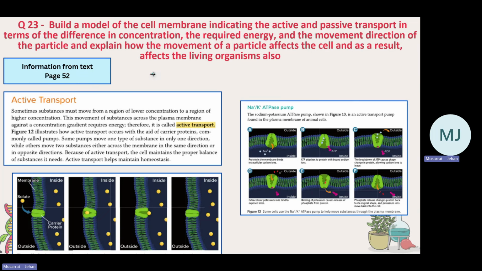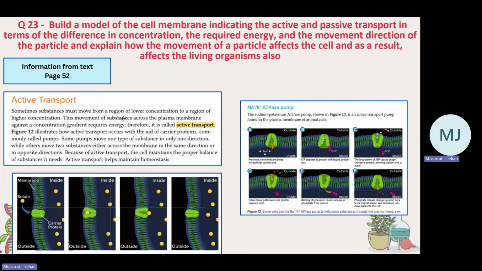Now we already studied that passive transport is when no extra energy is needed for the transport of substances. But sometimes substances must move from a region of low to high concentration, that is against the concentration gradient. Concentration gradient is from high to low.